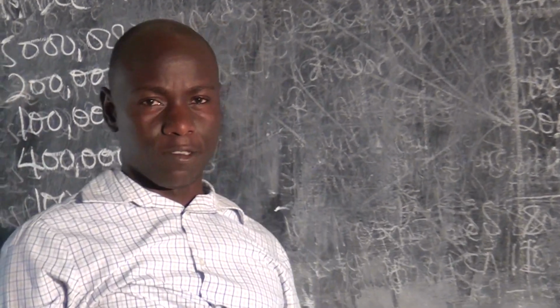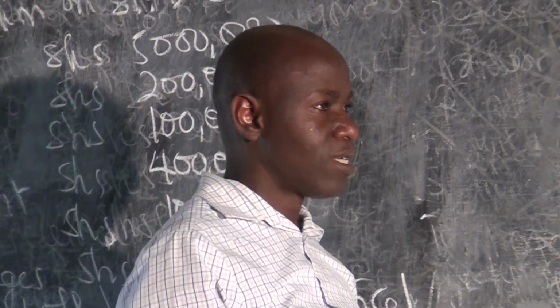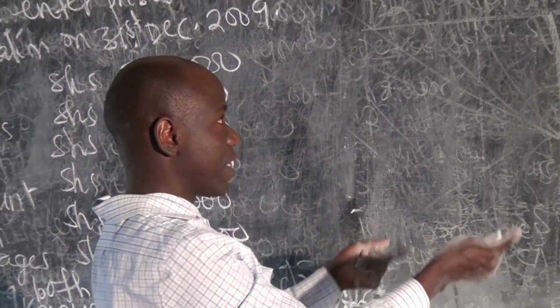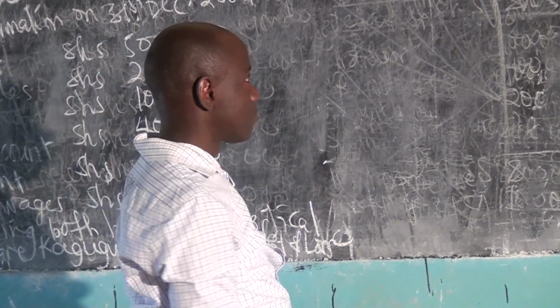We want to combine the trading account with the profit and loss account. I'm giving an illustration of how we can combine the two accounts.